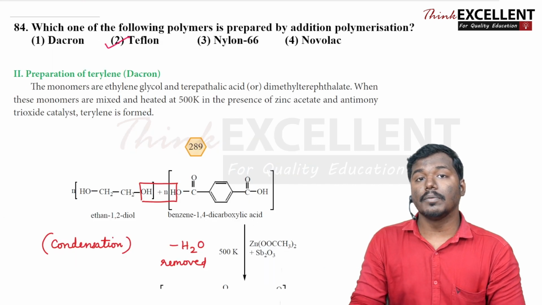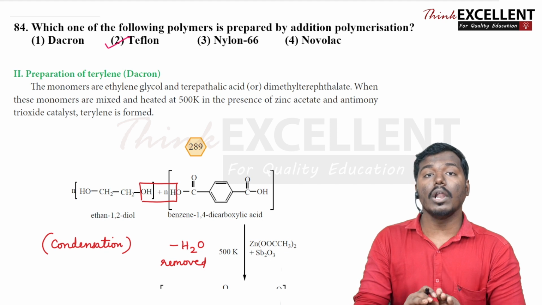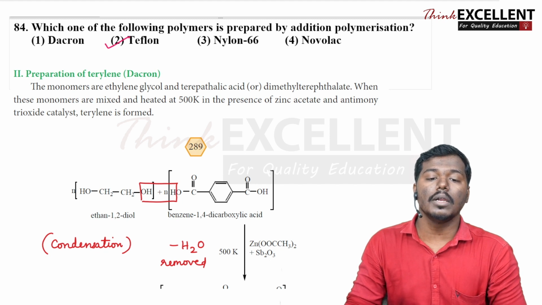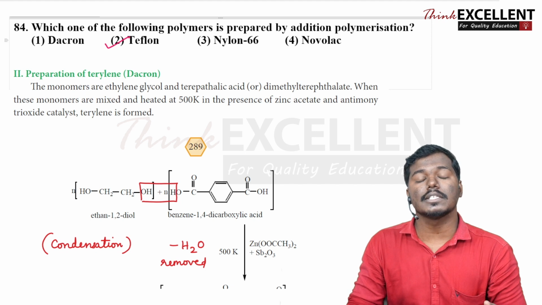Here it is asked from the chemistry in everyday life, adula நம்ம polymers படிச்சிருக்கோம்ல. So which one it is formed by addition polymerization அப்படினு கேட்டிருக்காங்க. So 4 polymer கொடுத்திருக்காங்க, Dacron, Teflon, Nylon 66 as well as Novolac.